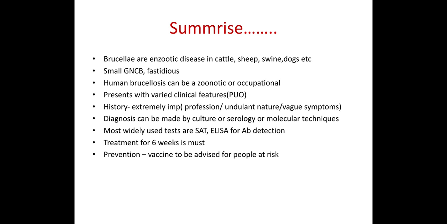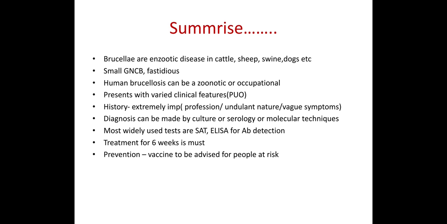Diagnosis can be made with culture by adding extra nutrition, since they are fastidious, they require special media and they grow very slowly, so the incubation should be for a very long period. Since the disease can be chronic, serology or molecular techniques can also be used to diagnose brucellosis.